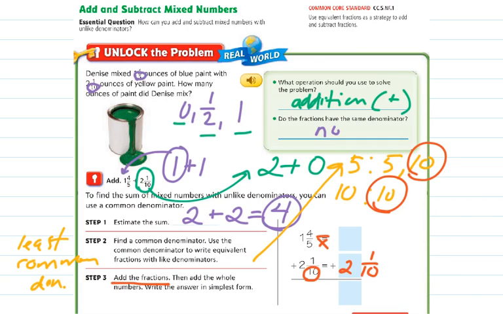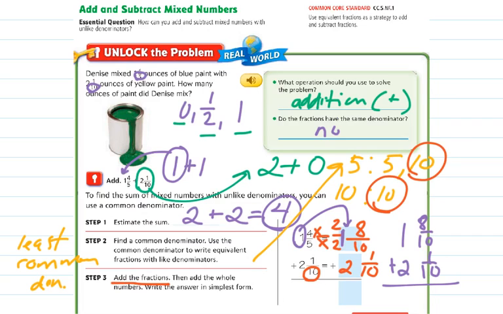So I'm going to multiply 5 by what number to get 10? 2. That's correct. So we multiply by 2 in the denominator. We have to do the same thing with the numerator, and we get 8/10. So don't forget, boys and girls, to bring over your original whole number, which was 1, and now it's 1 8/10. So I'm going to rewrite it again to be 1 8/10 plus 2 1/10.